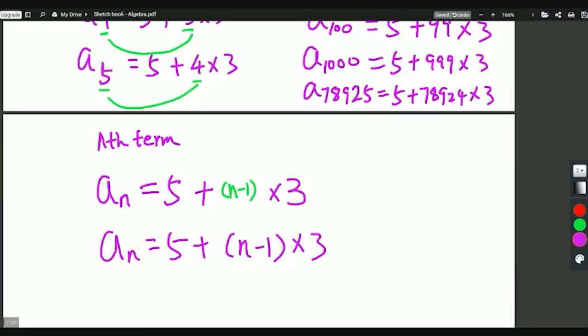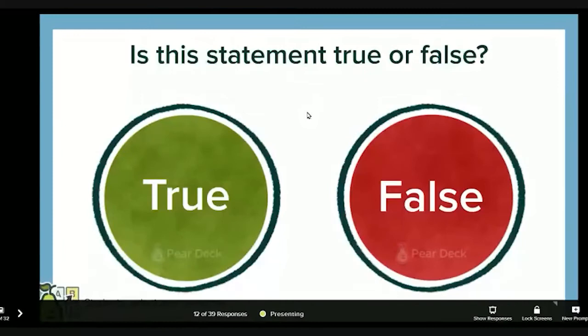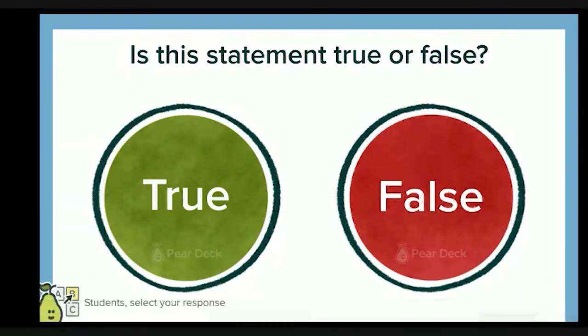So quickly, let's have another vote. True or false? That expression, that formula that we just got.